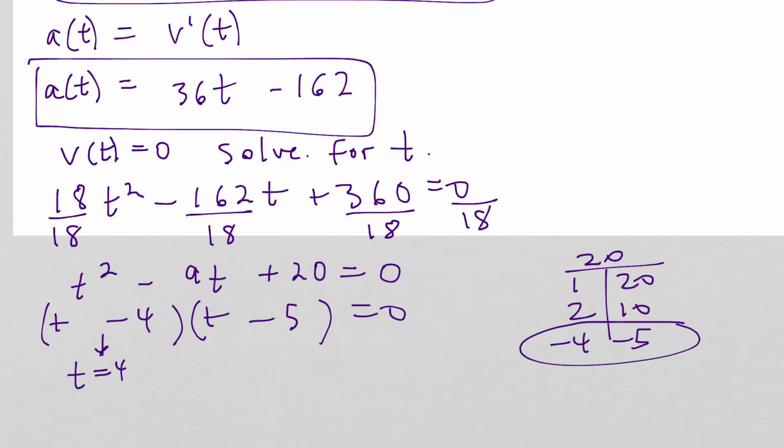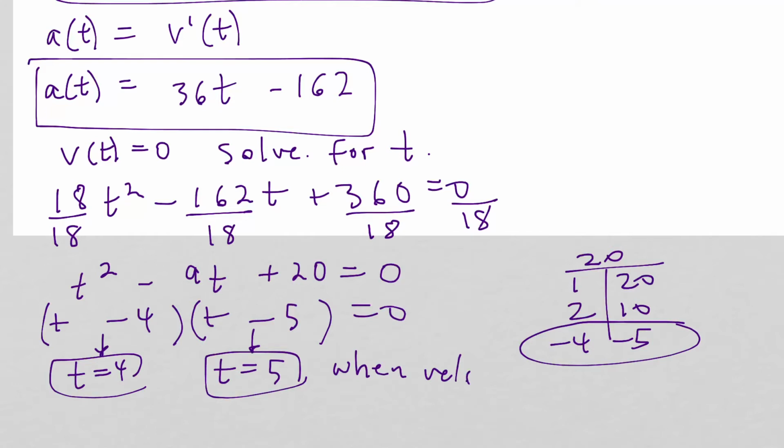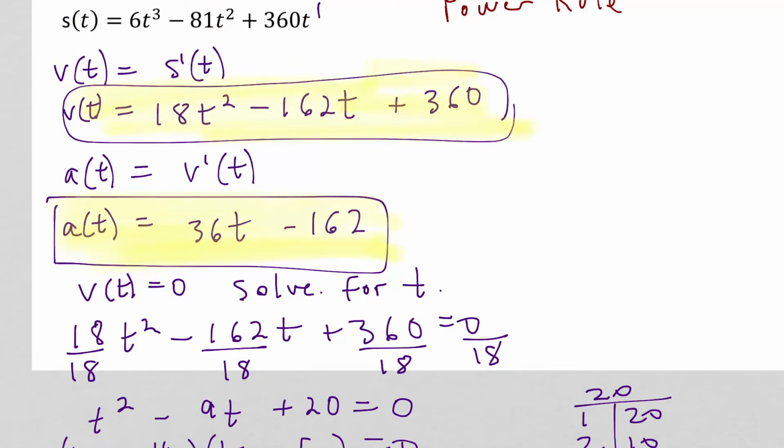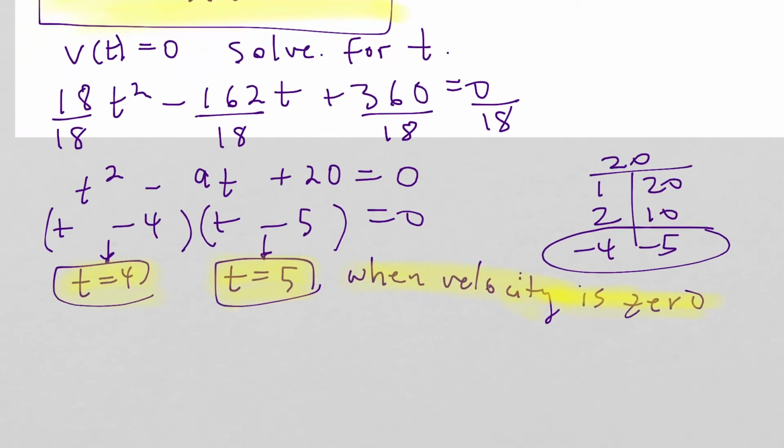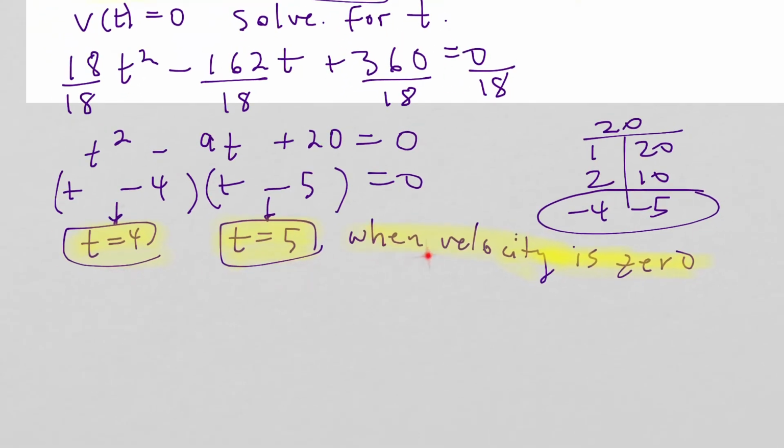So t is 4 and t is equal to 5. These are the two times when velocity equals 0. So here I've got my velocity function, here my acceleration function, and my times where the velocity is 0.